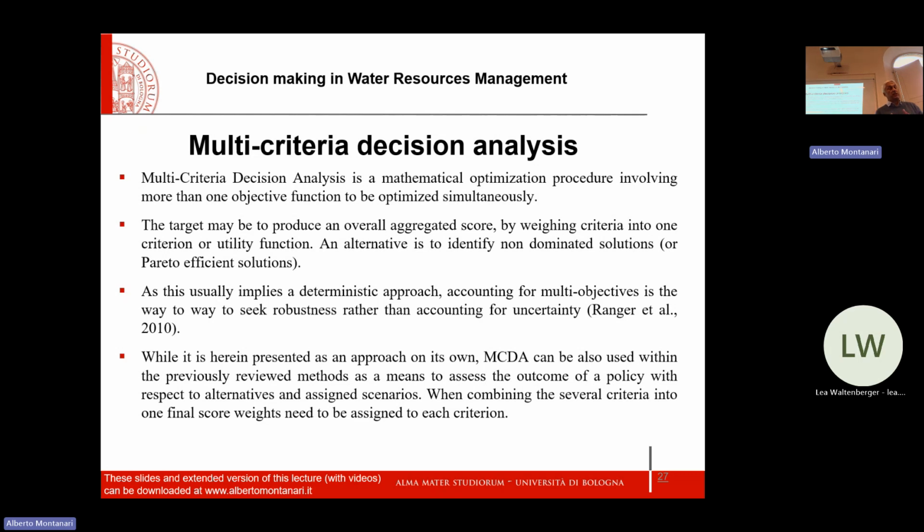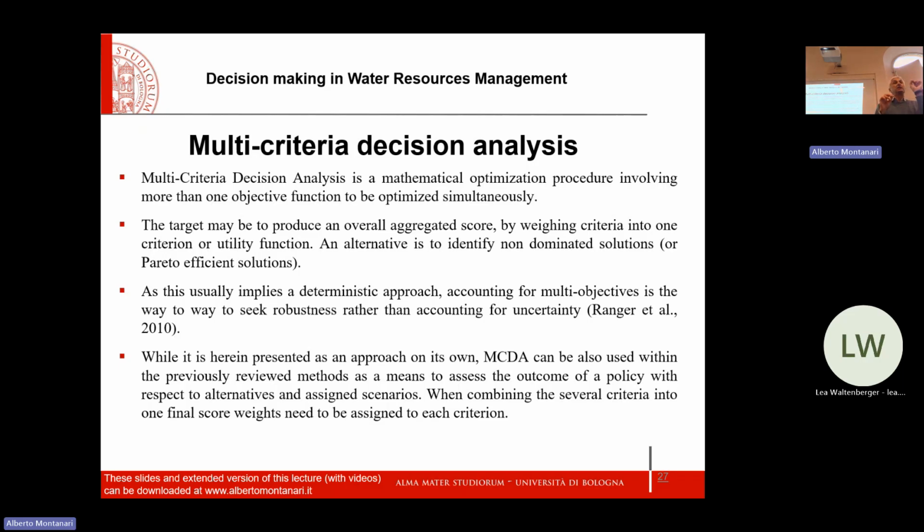So instead of having only one objective function, you may have two. Like, I want to minimize the cost while also minimizing the environmental impact. So quantified in some way. So the environmental impact could be quantified with an indicator. I want to minimize it, but I also want to minimize the cost.